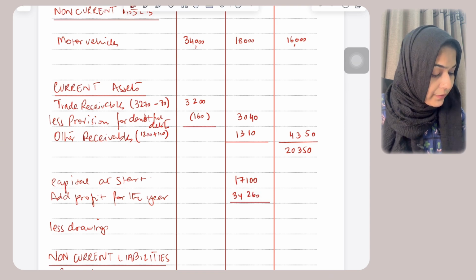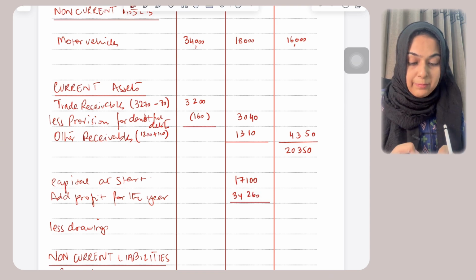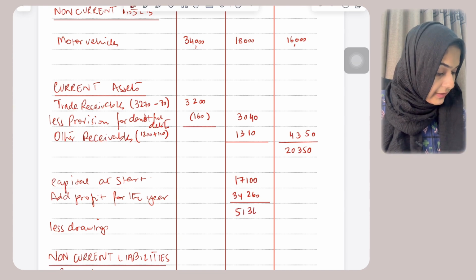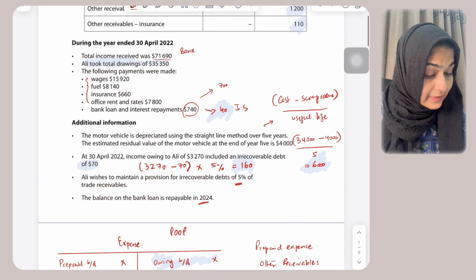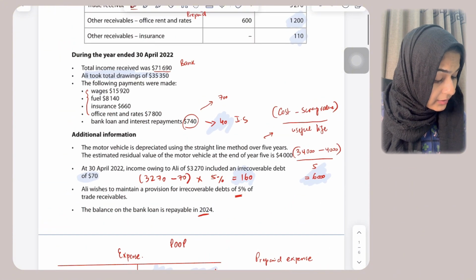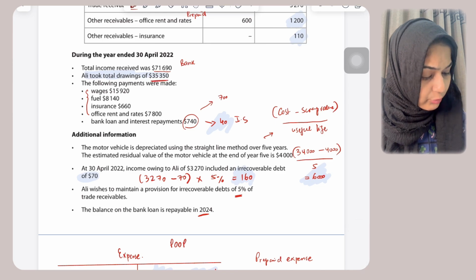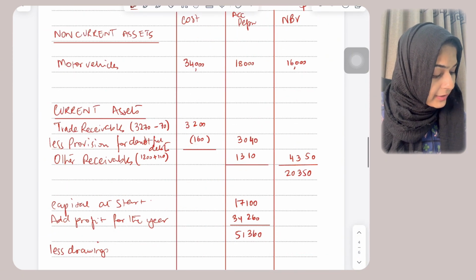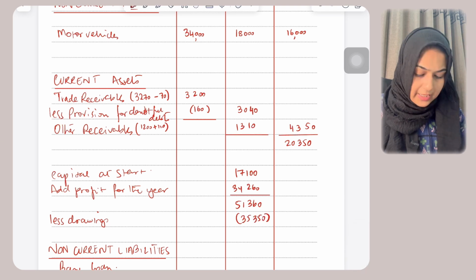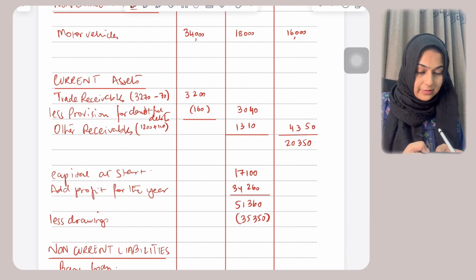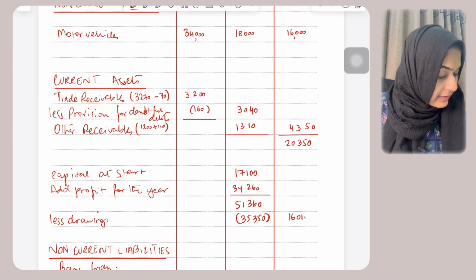When I add both of these, 17,100 plus 34,260 will be 51,360. From this, I need to subtract the drawings. In this case, drawings is 35,350. So I'll subtract 35,350 from 51,360. This will be 16,010, which is my capital at end.